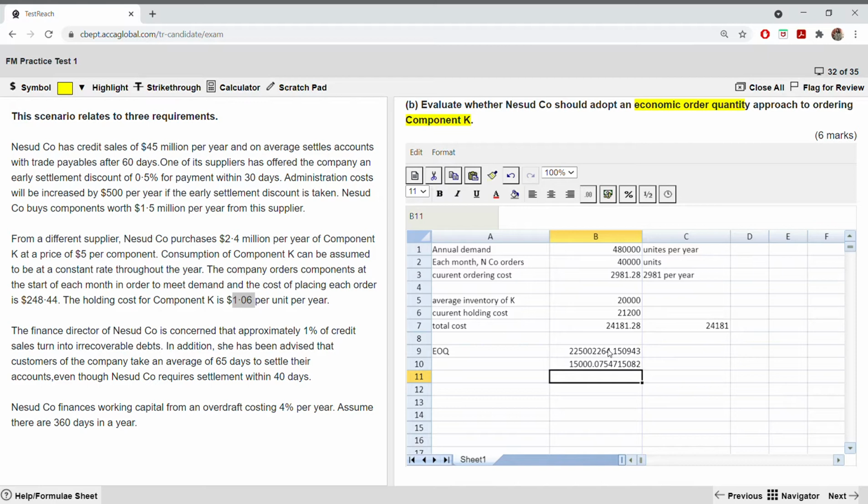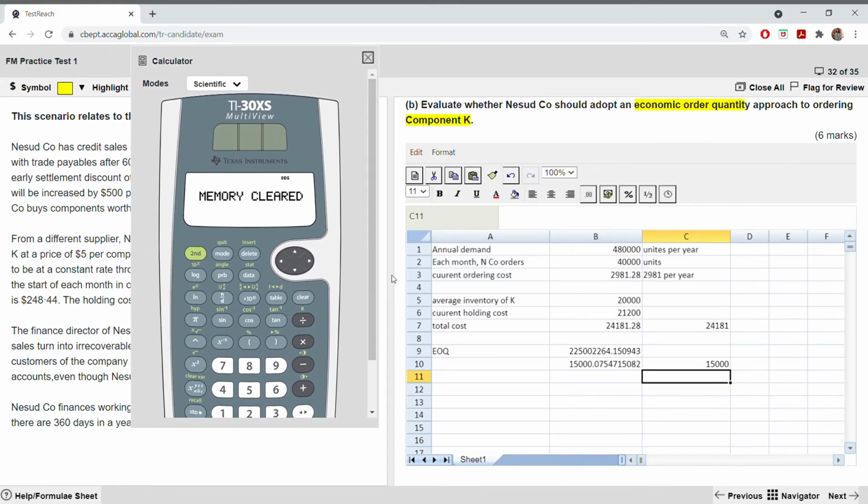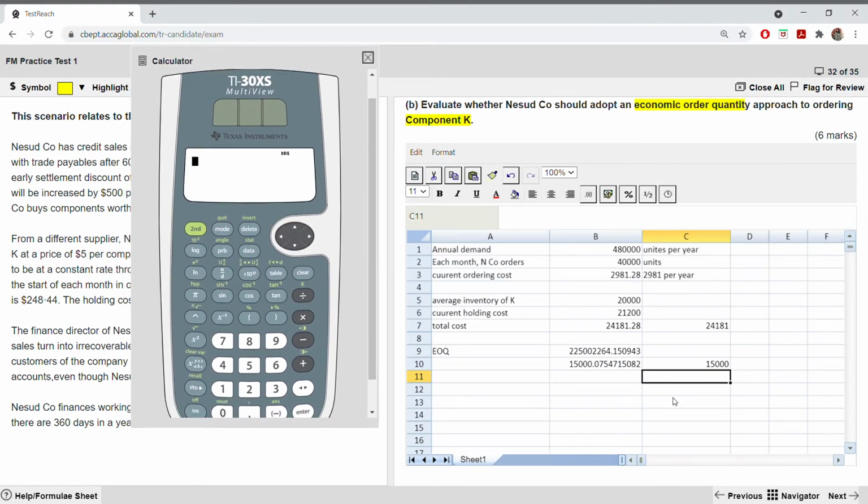If you round this to whole, comma 0, it will be 15,000. So 15,000 units per order. Another way is to use a calculator, but then you need to press all these numbers, which will take a lot of time, because you have that square root sign over here.